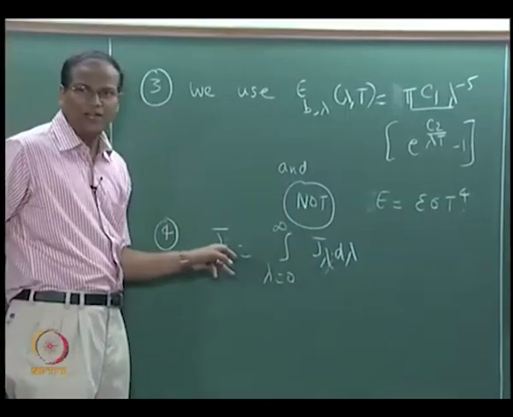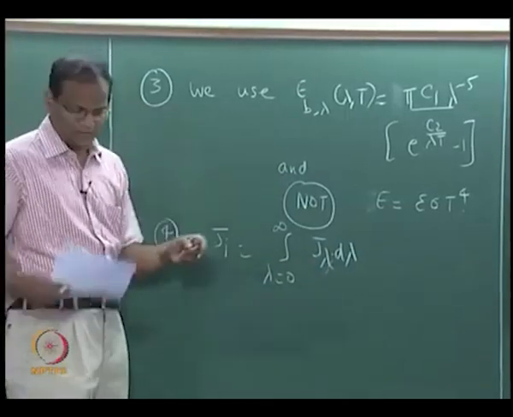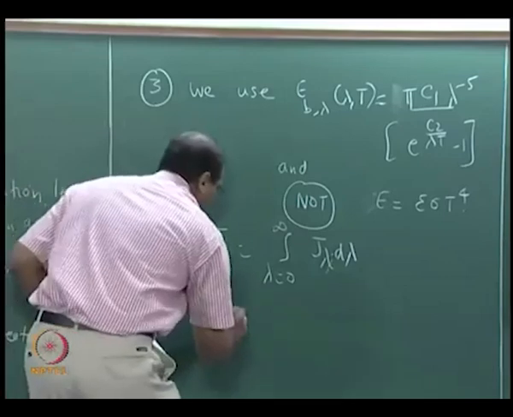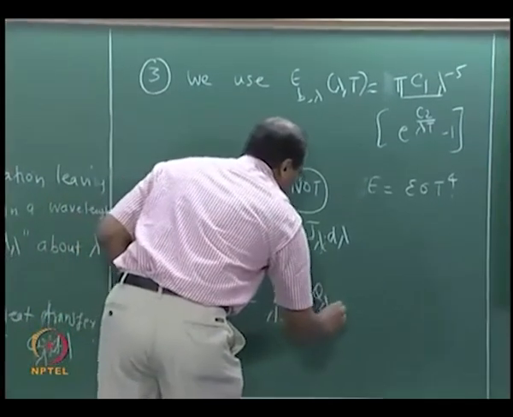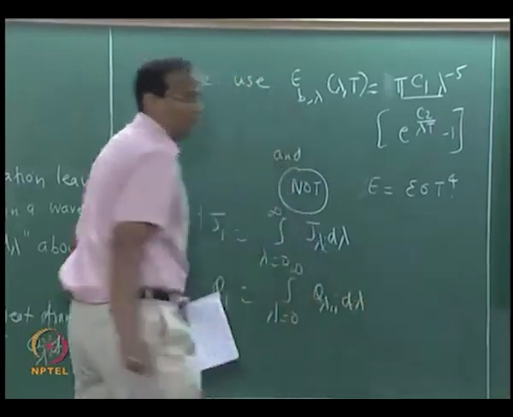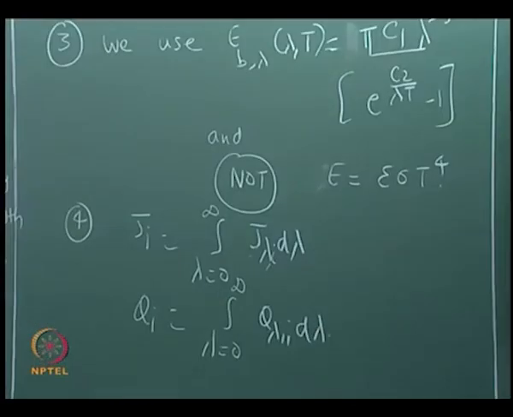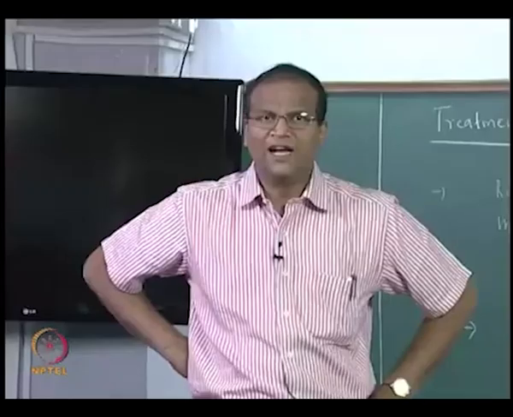If you want to get the total radiosity which we have defined earlier, it has to be done. Similarly Q i is the integral from lambda equal to 0 to infinity of q lambda i d lambda. Fine, so this is for getting the radiosities.